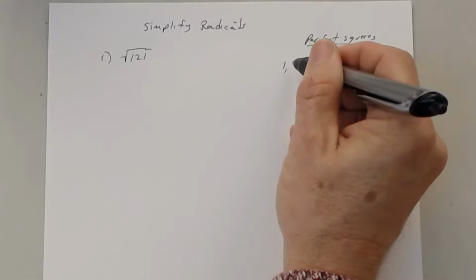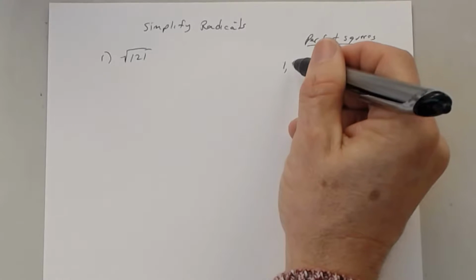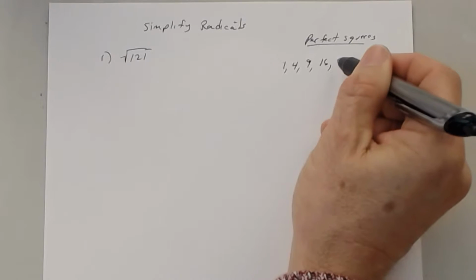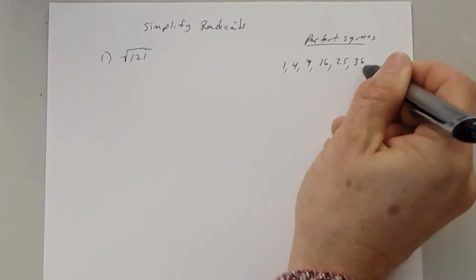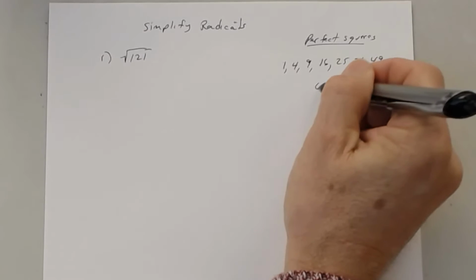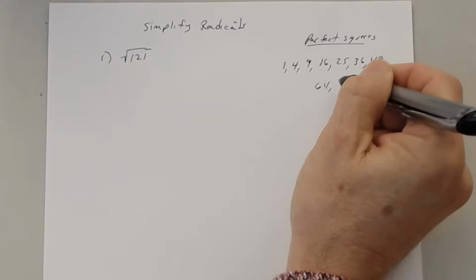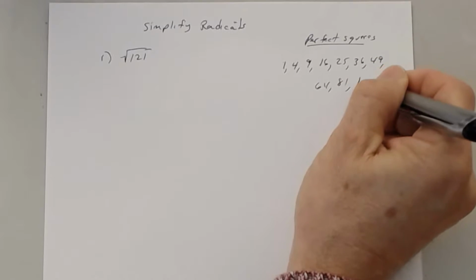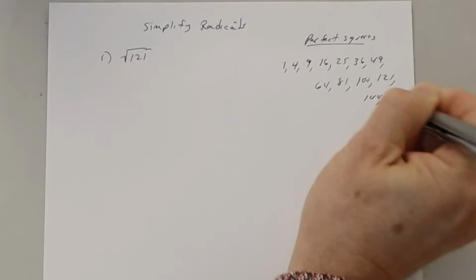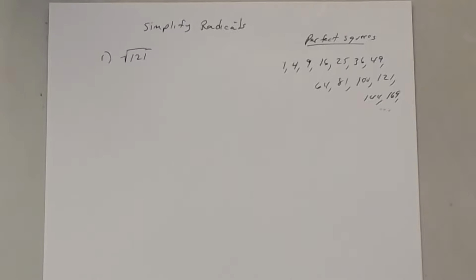What's the next one? 1 times 1 is 1. 2 times 2 is 4. 3 times 3 is 9. 4 times 4 is 16. 25. 36. 49. 64, 8 times 8. 9 times 9, 81. 10 times 10, 11 times 11, 12 times 12, 13 times 13, and so on, right? Those are your perfect squares, because when you take the square root of them, you get a whole number back.